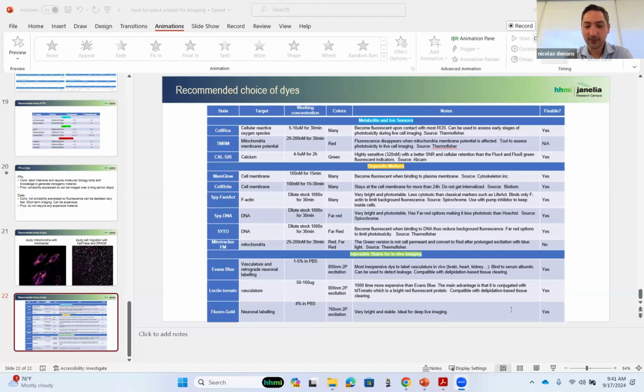When we keep them for a very long time, yes, you want to go to 4 degrees, -20 and so on. But most of these Alexa dyes, for instance, are extremely stable. So yes, that's an extremely good point. Thank you for raising it, and I will think about it and amend the list with these values.